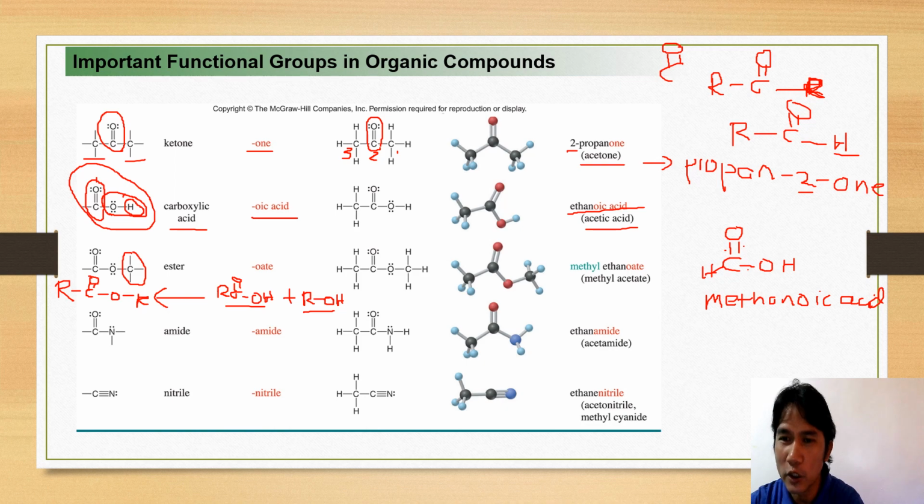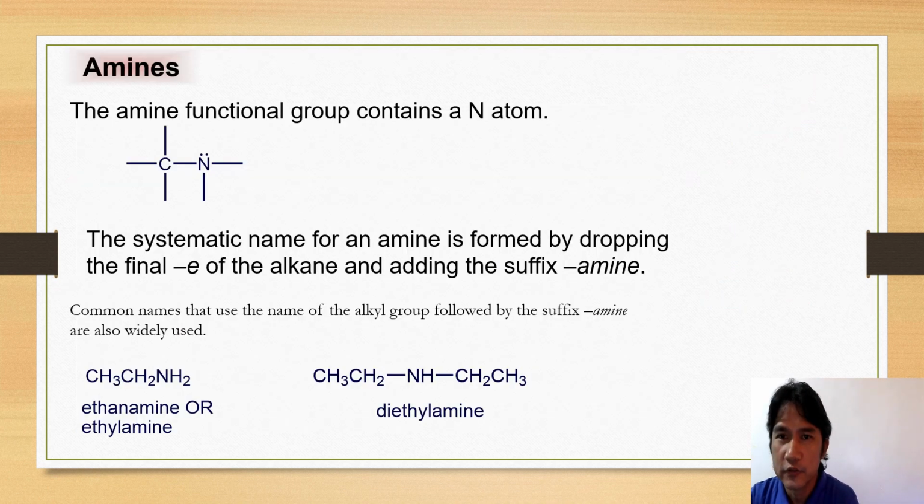So a two carbon atom with amide is called ethanamide. Then we have nitrile, a carbon to carbon triple bond. Let's consider them one by one.